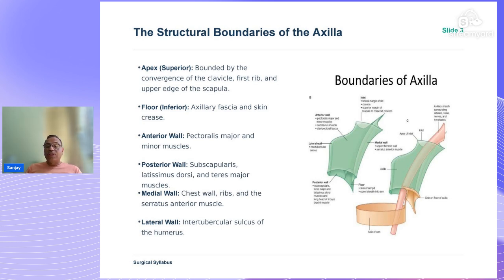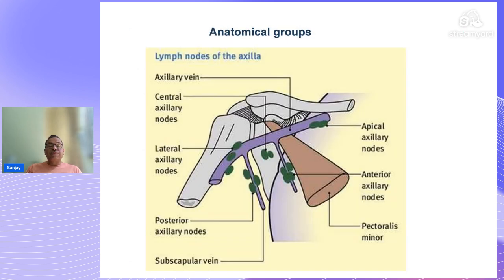If you have understood this as shown in this diagram, then it would become very easy for you to understand the levels of the axillary lymph nodes, which we are going to talk about in subsequent slides. This is what we normally teach when discussing breast carcinoma, especially in a theoretical discussion.